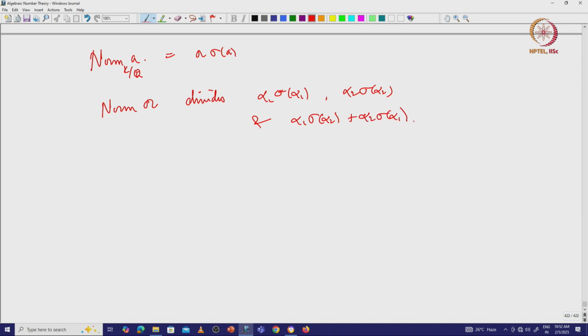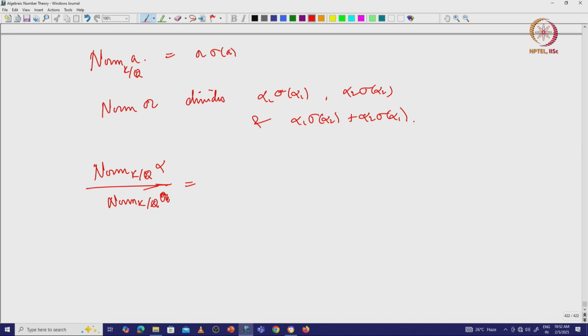So, what you do is you divide out: you take the norm from K to Q of alpha divided by the norm from K to Q of the norm of A. Another way to see that there is divisibility is by saying that this is an algebraic integer, right.